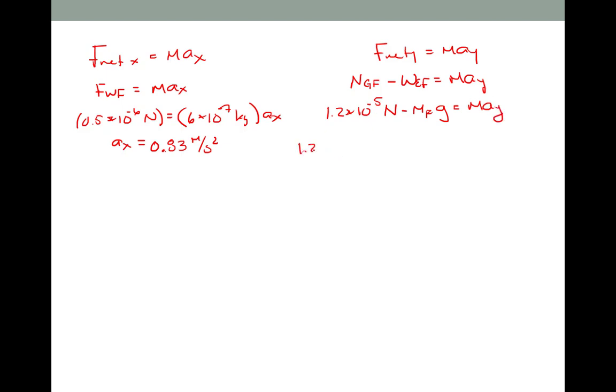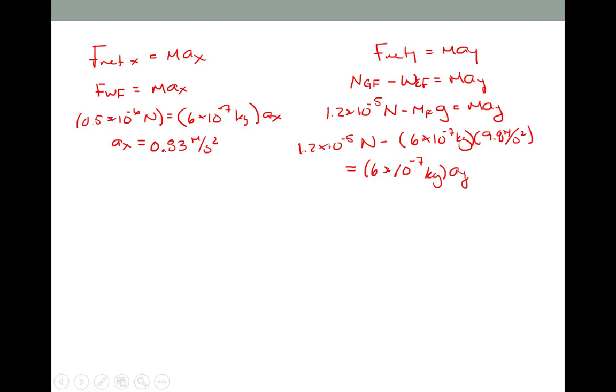So that's 1.2 times 10 to the minus 5 newtons minus the mass of the flea, which is 6 times 10 to the minus 7 kilograms, times 9.8 meters per second squared. And that has to equal 6 times 10 to the minus 7 kilograms times the vertical acceleration.